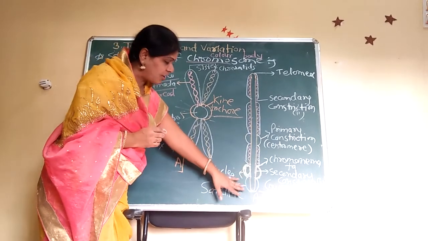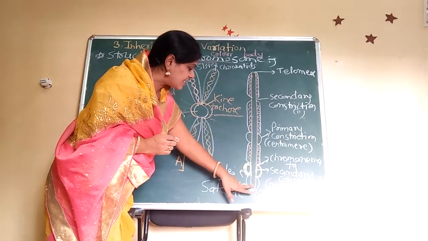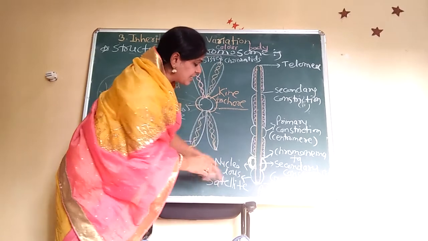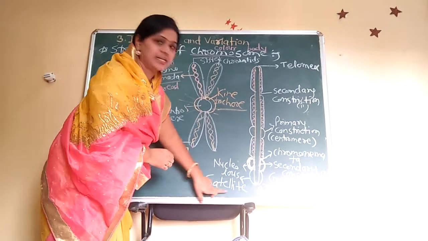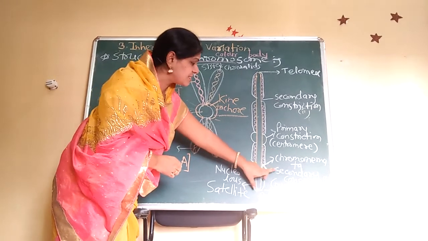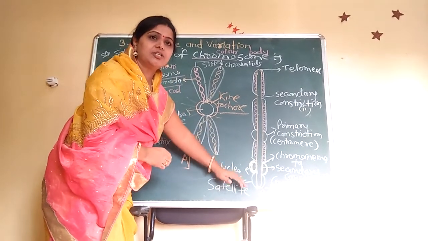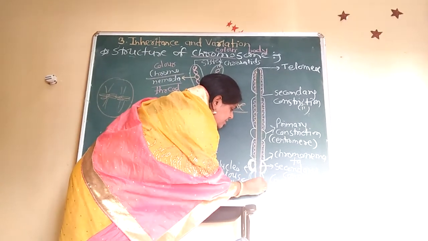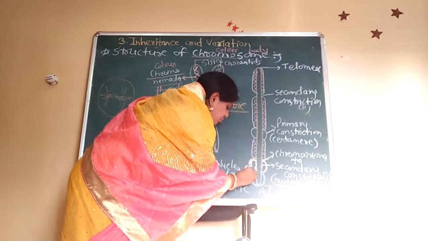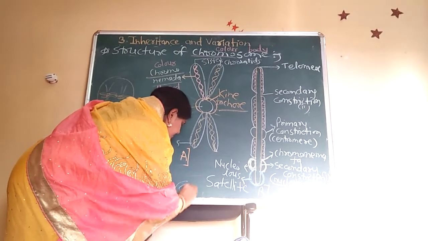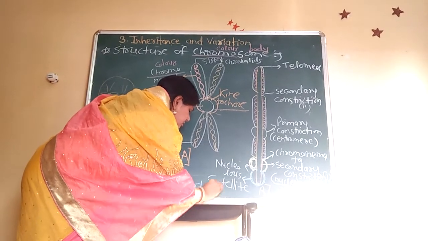Beyond the nucleolar organizer, or beyond the secondary constriction, a short, spherical structure is called the satellite, and it is also called SAT bodies.